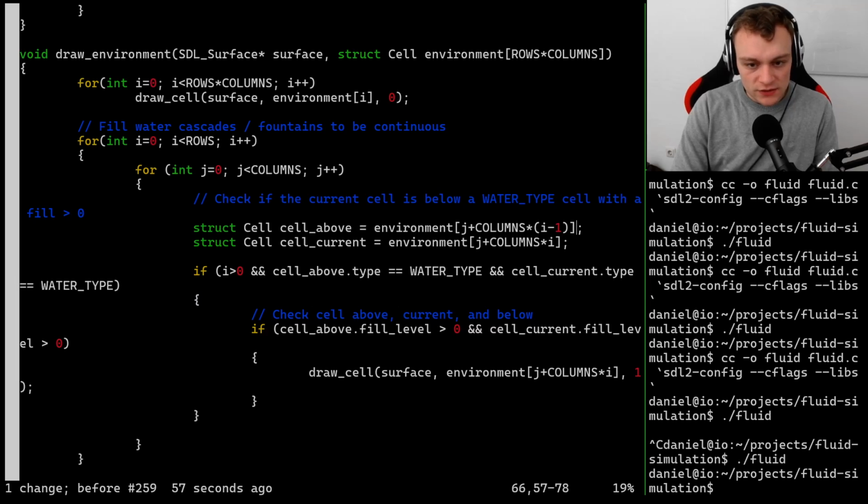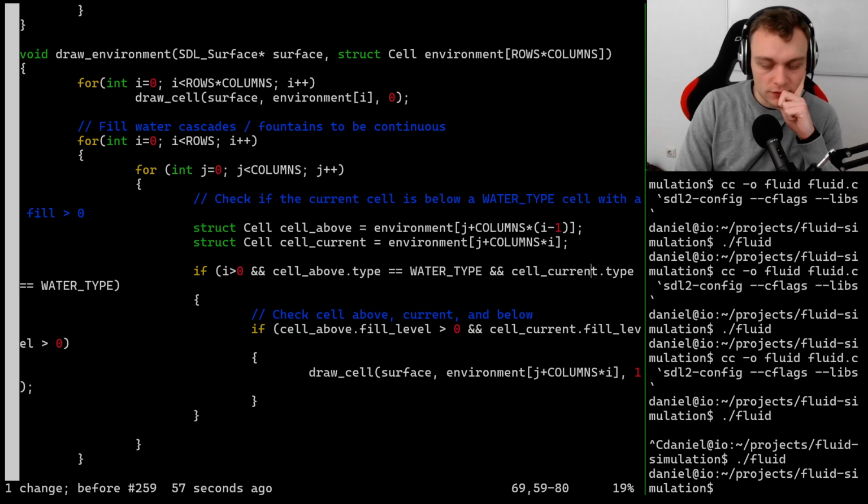We check the cell above, we check the current cell. We check the cell above's type, and we check the current cell's type.